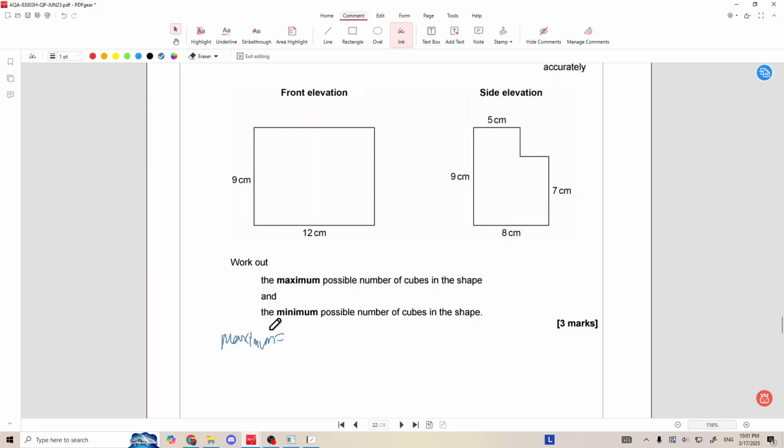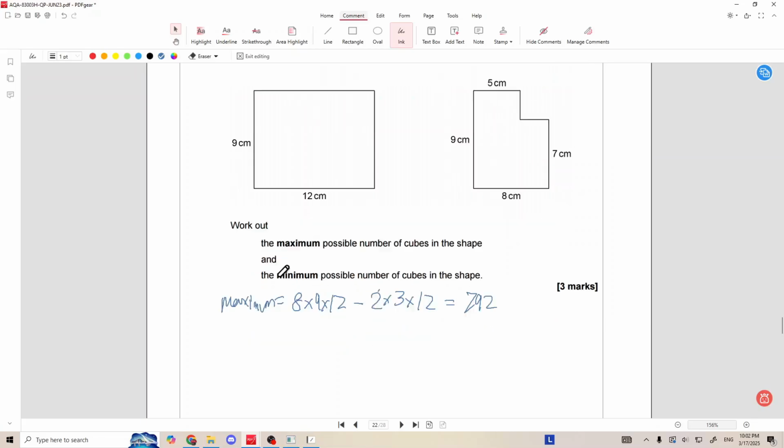I can multiply the whole thing, 8 times 9 times 12, but minus this little empty part, which is 2 times 3 times 12.